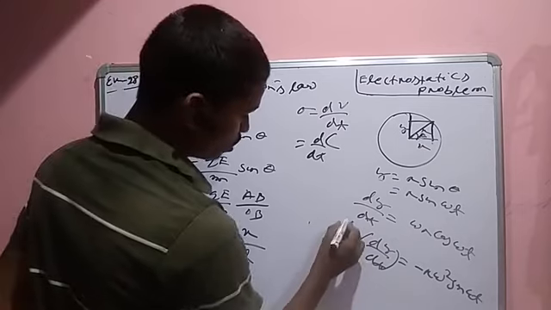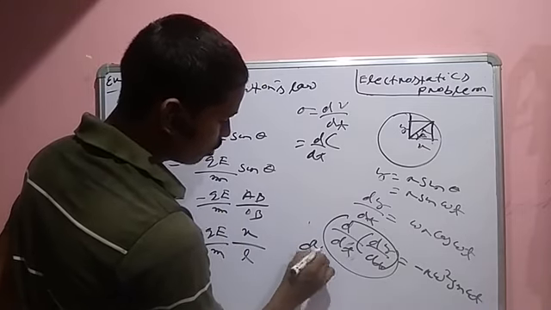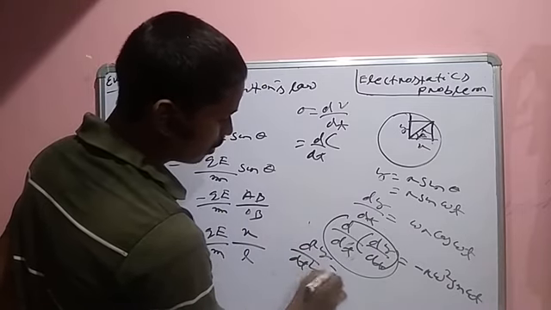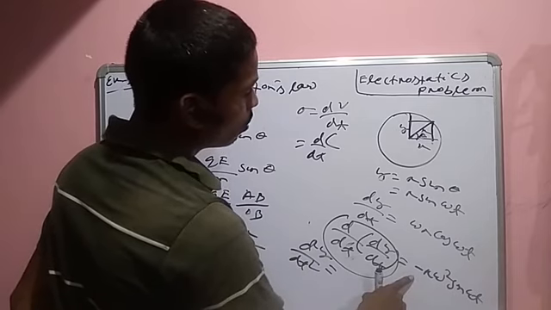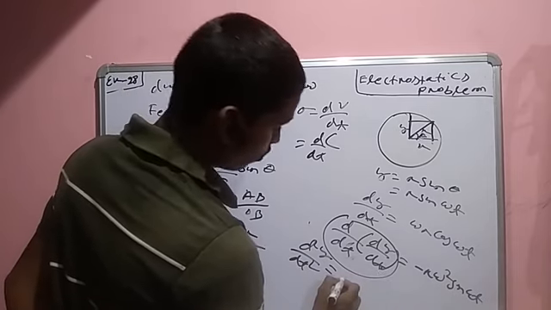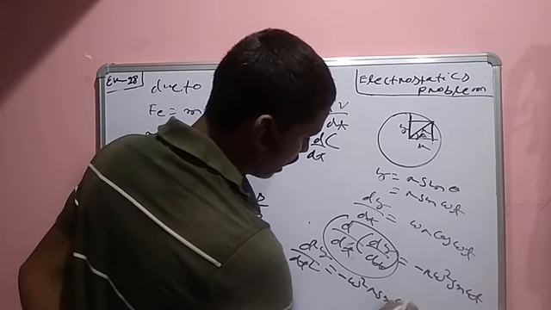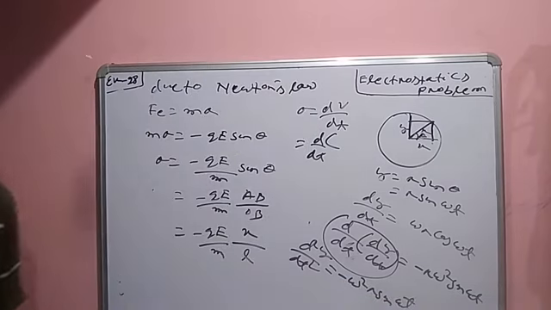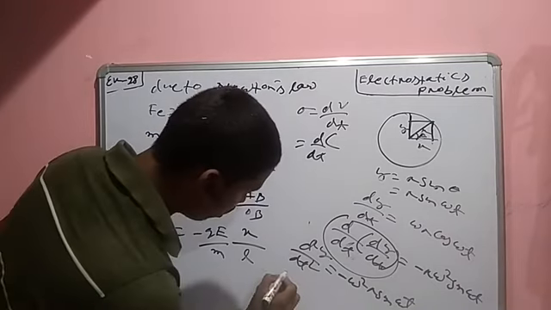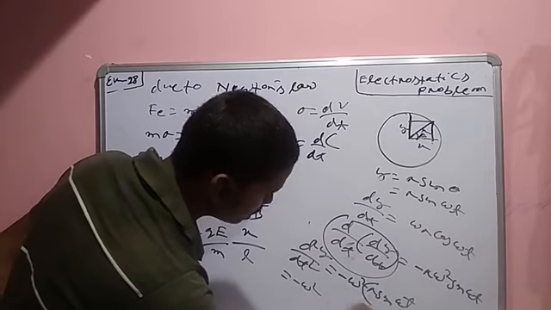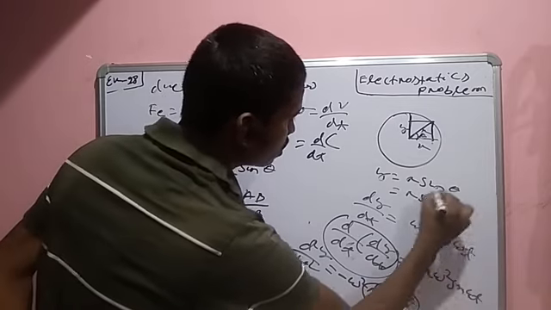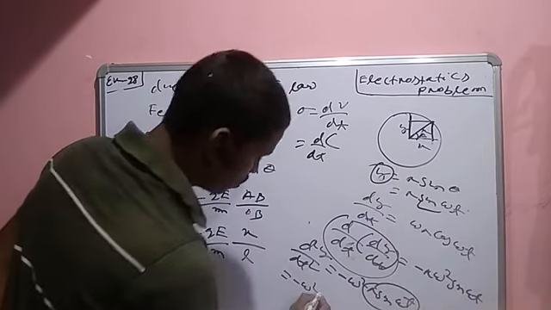Yes or no? So this is the d square y by dt square is equal to minus omega square R sin omega t. Can it be visible or not? Yes or no? So here minus omega square y.